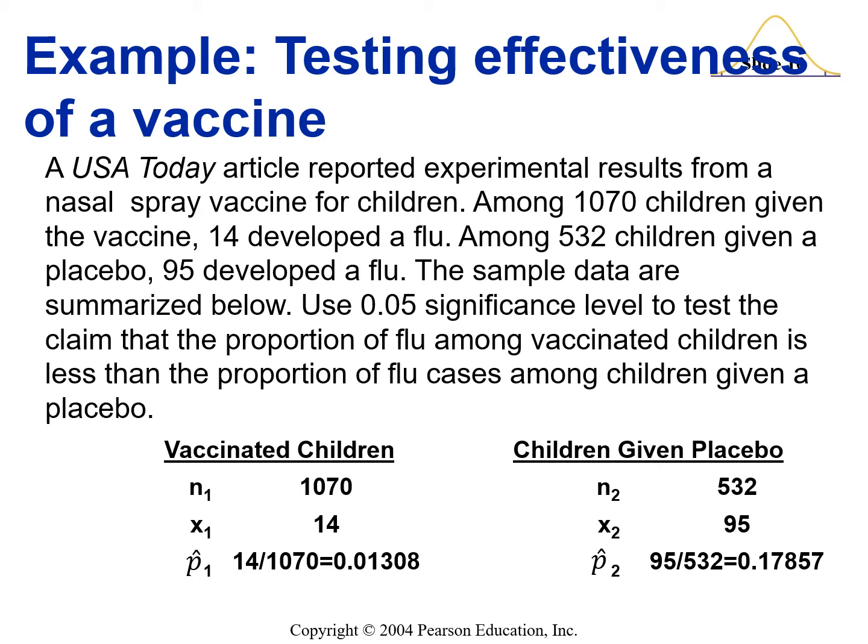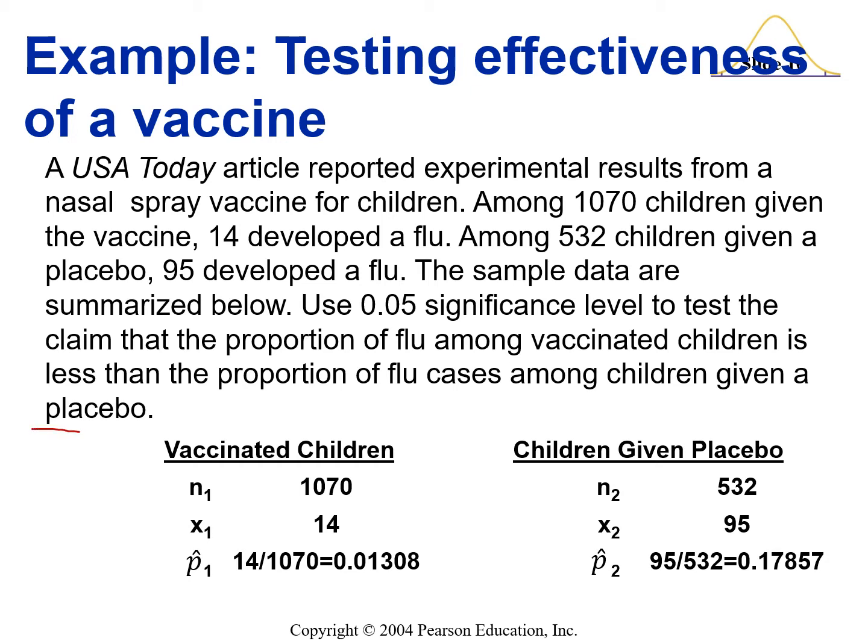Among 532 children given placebo, 95 developed flu. The sample data are summarized below. Use alpha equals 0.05 as a significance level to test the claim that the proportion of flu among vaccinated children is less than the proportion of flu cases among children given placebo.